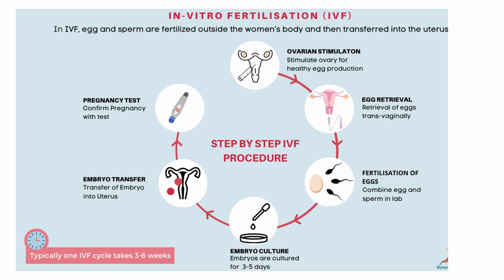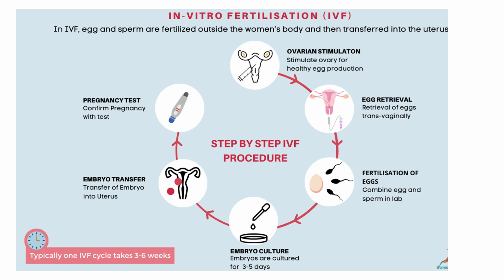After that, the oocyte is kept in a sterile container having culture media, and the sperms from the male partner are allowed to fertilize the ova or oocyte in the same culture media under standardized temperature and pH.